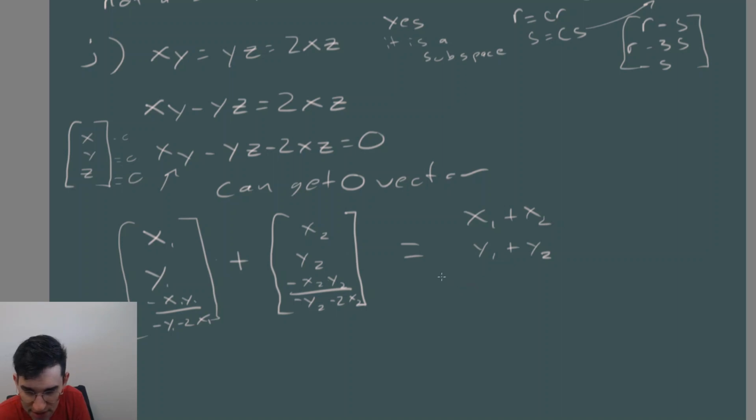We get this monstrosity, which, since they have a common denominator, we can add them together. Negative x1 y1 minus x2 y2, all over negative y2 minus 2x2.